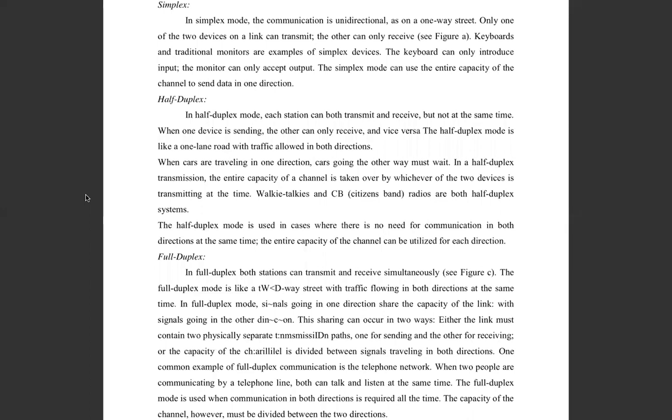If point A wants to send something to point B, point B has to wait for point A to send it. When point A is done, then point B can send back to point A. Please, do you get it?